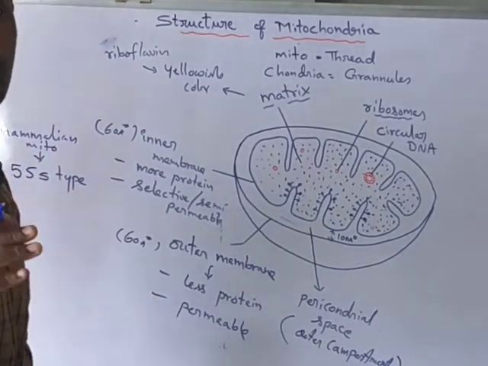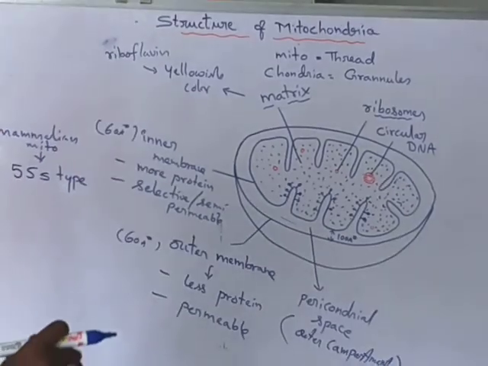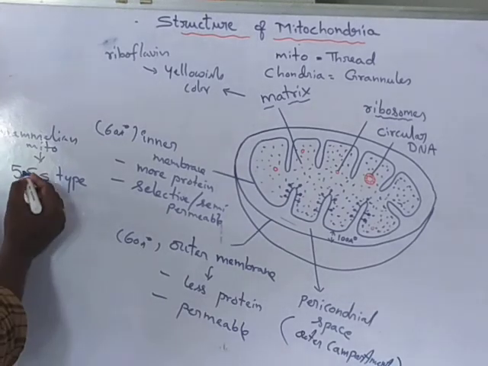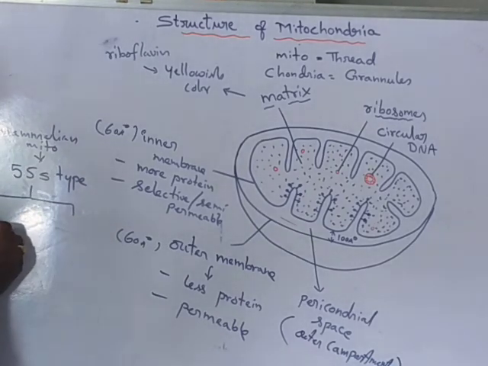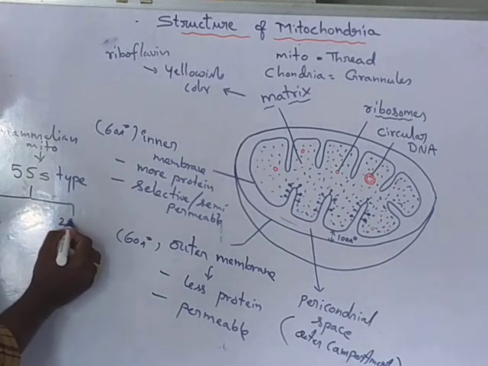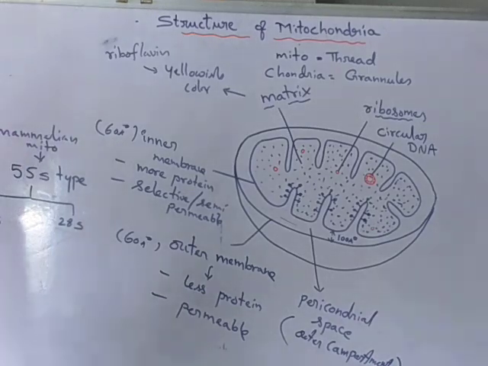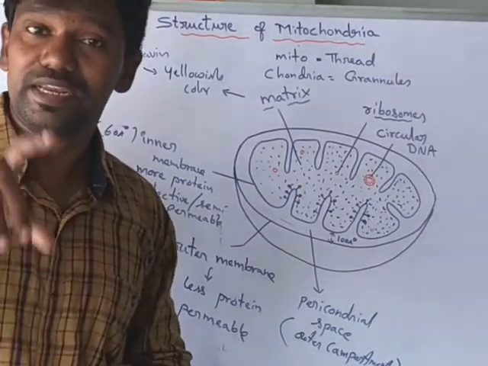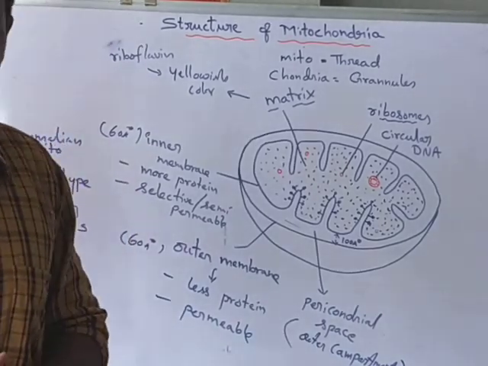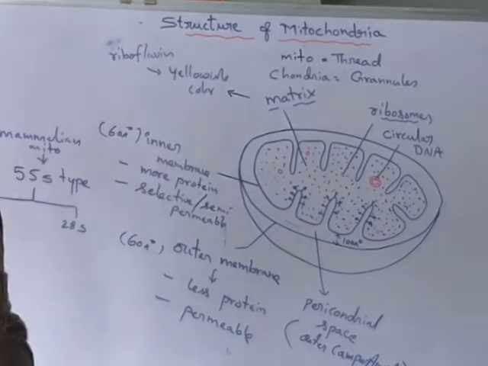This is very important, so please remember. The 55S ribosome is composed of two subunits: a 39S larger subunit and a 28S smaller subunit. This type of ribosome is present in mammalian mitochondria.